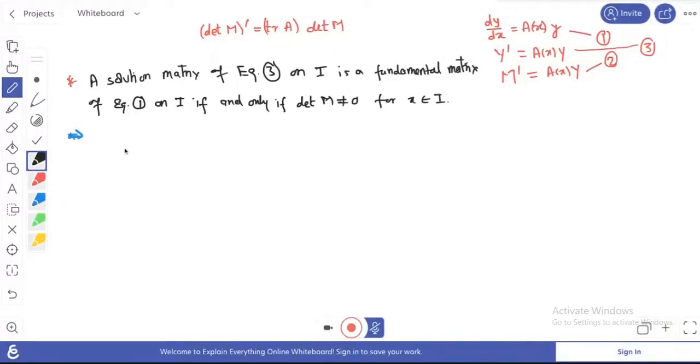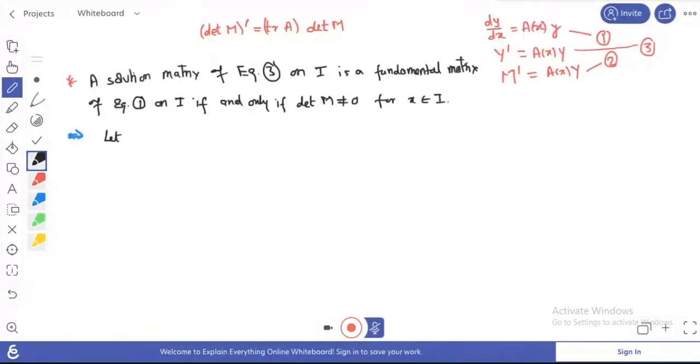If we assume that this fundamental matrix M is non-singular, then the determinant of M is not equal to 0 for all x which belongs to that given interval I.